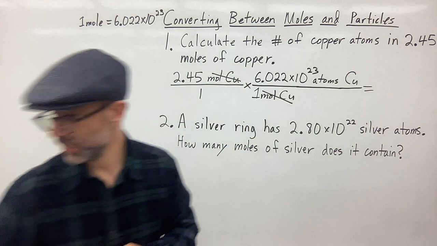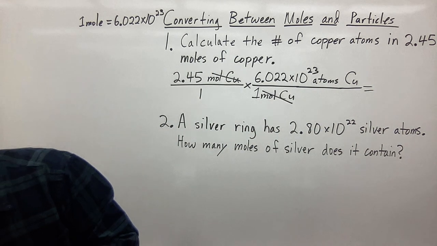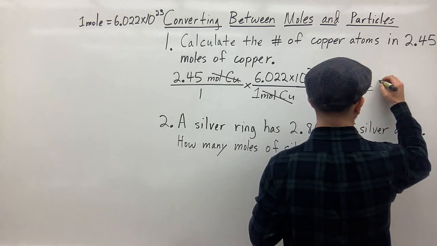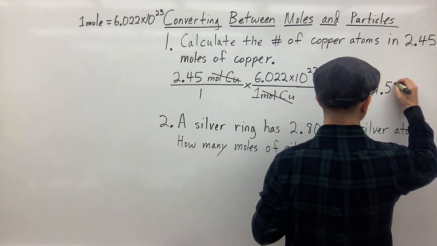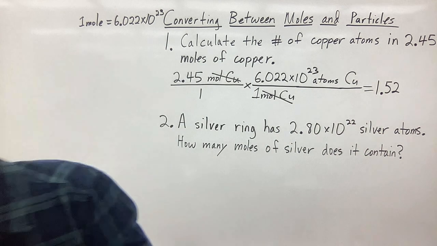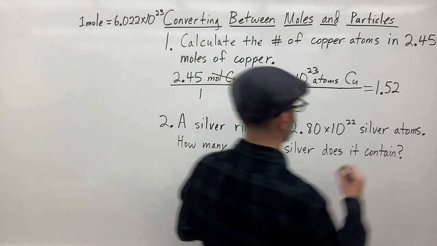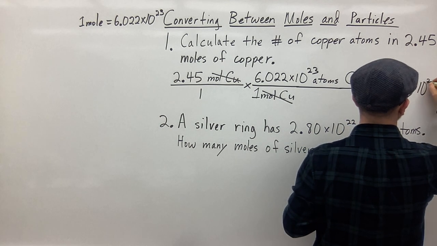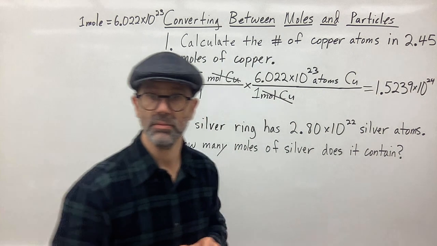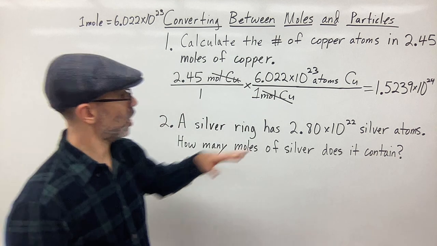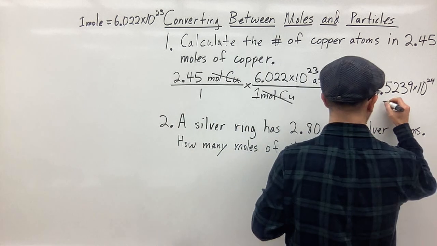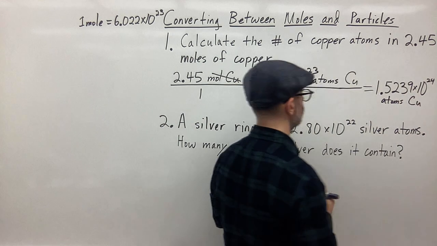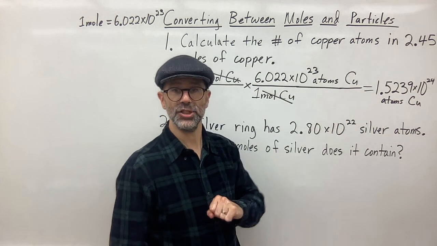And that answer is 1.52 39 times 10 to the 24 atoms of copper. So there's the answer my calculator gave me.